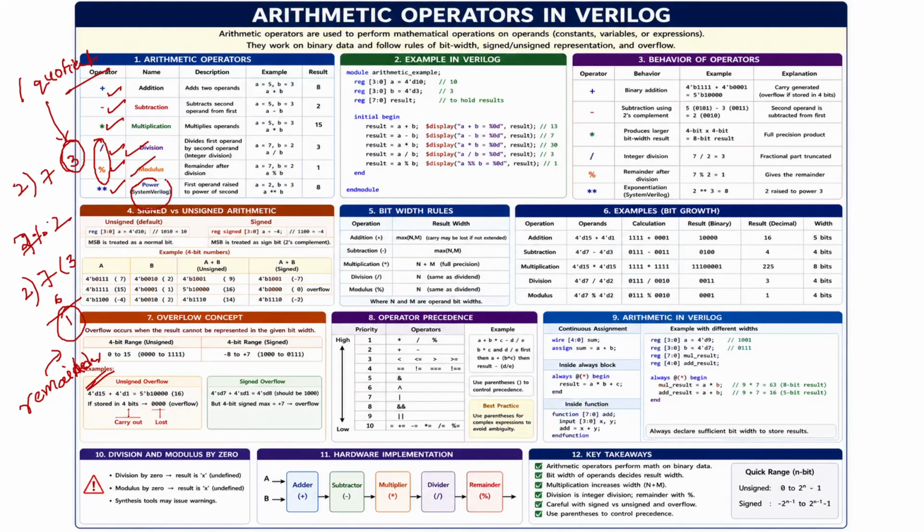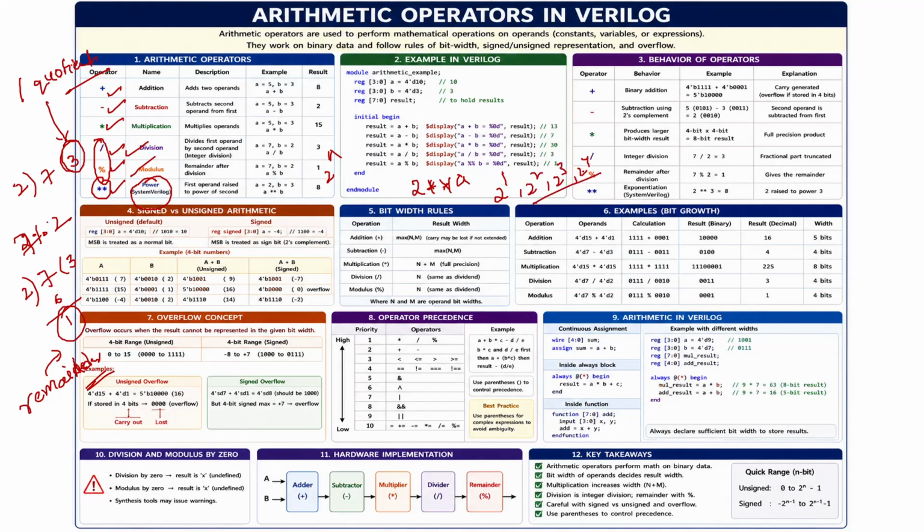In Verilog you represent power with a double star. Sometimes we can also use a caret for power, but most of the time we use the double star. 2 power a means it will give powers of 2: 2 power 1, 2 power 2, 2 power 3, 2 power 4.